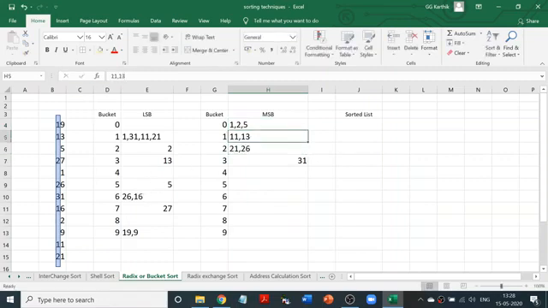So it will go here. 27 most significant bit is 2. It will go here. Yes. Then comes your 19. 19 most significant bit is 1. So I'm going to put it here. 9 most significant bit is 0. So I'm going to put it here.